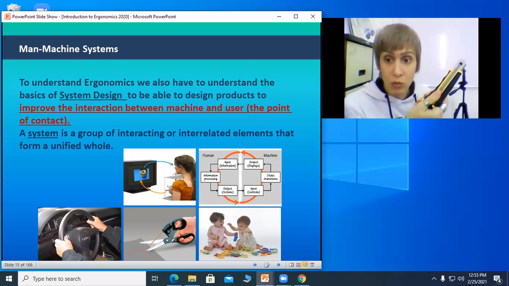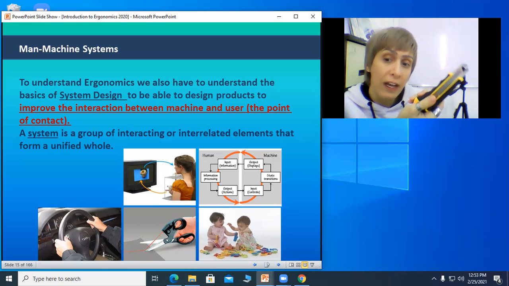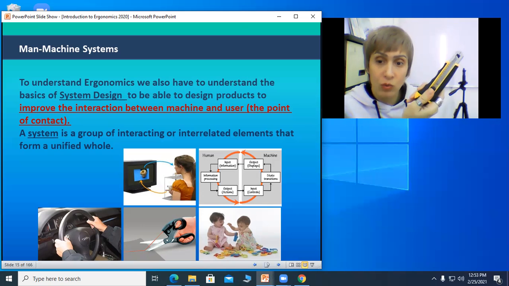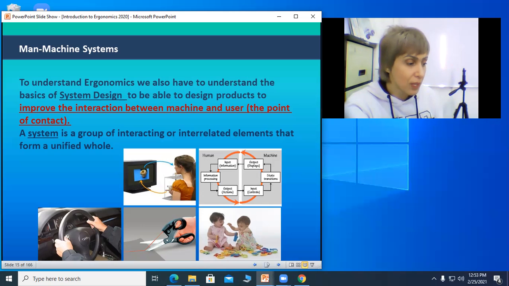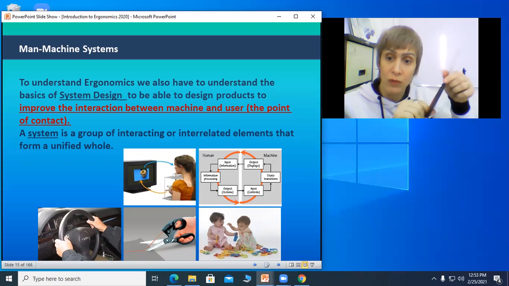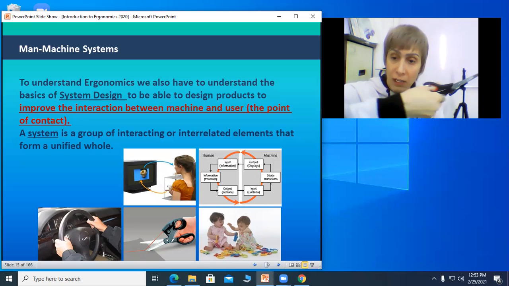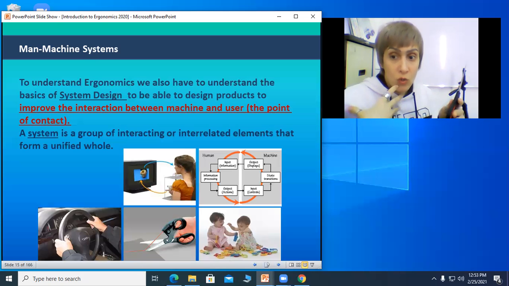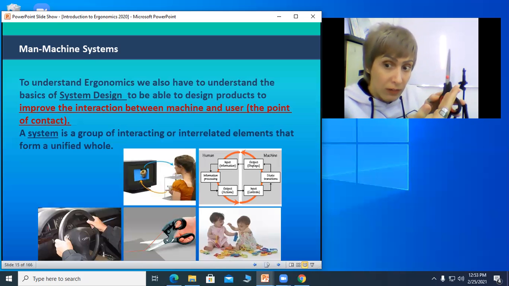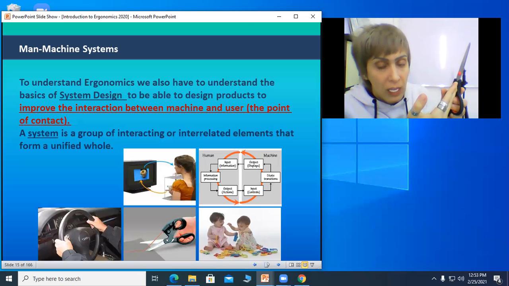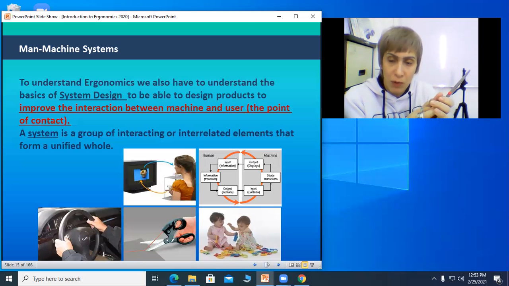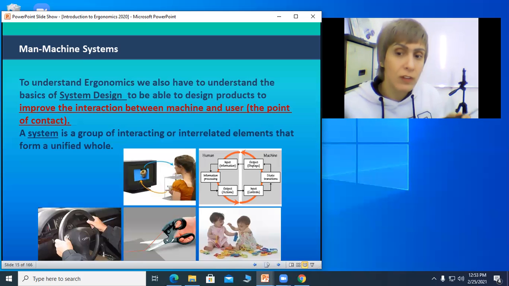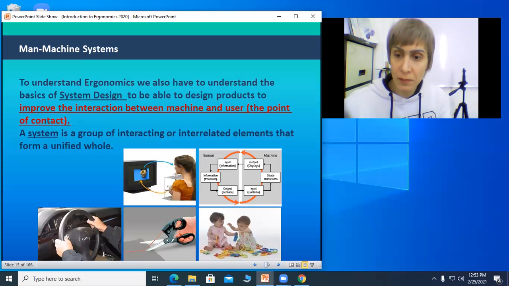If I want to cut with it, if I want to do a task, what's a task to do with this? For example, cutting, okay? What's a task to do with this? Again, cutting, but in a different way, okay? So there is always a human and what? A product. And once I touch this product, I want to do something with it. I'm going to perform a task.